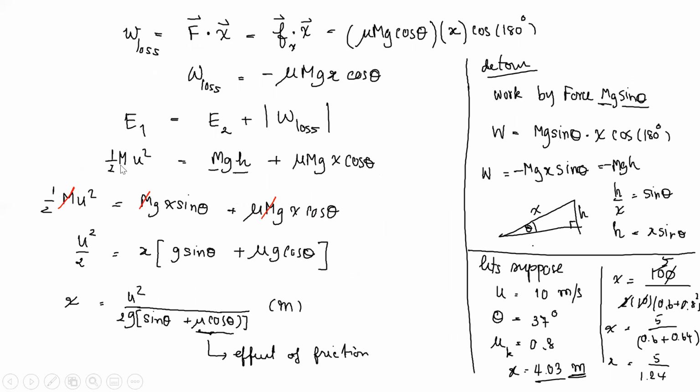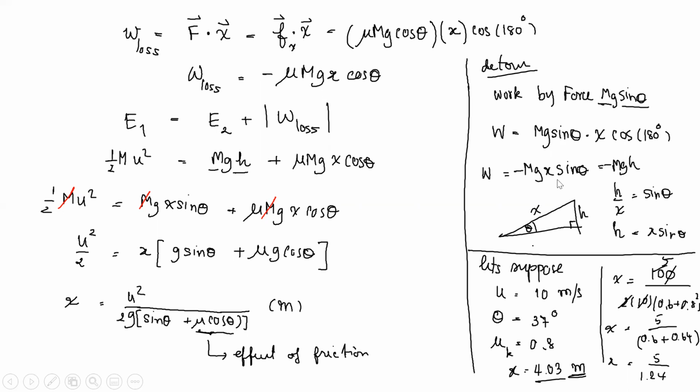So we have 1/2 m u squared equal to mgh plus mu mg x cosine theta. It is a plus sign because it is the magnitude of energy loss. We can cancel the m out, and then pull out the x.